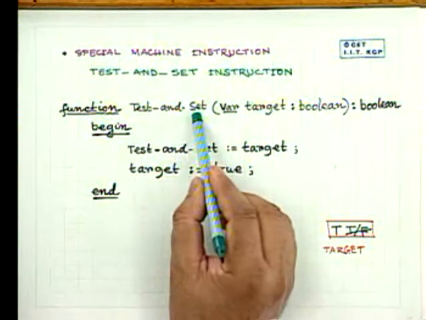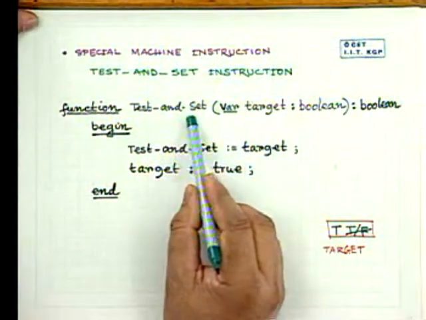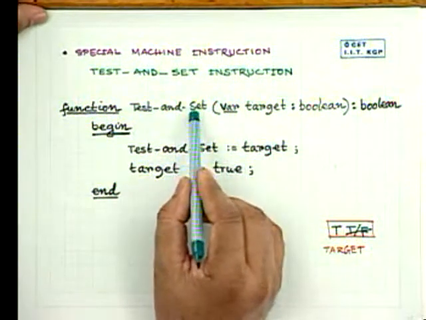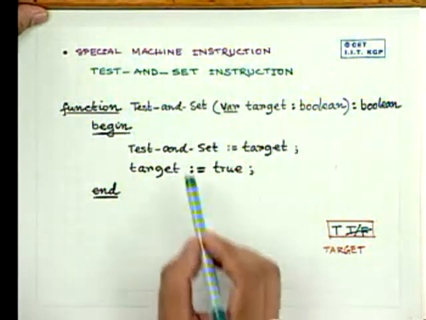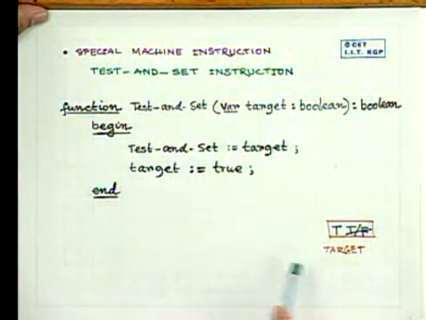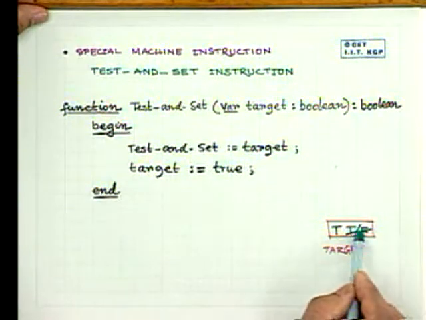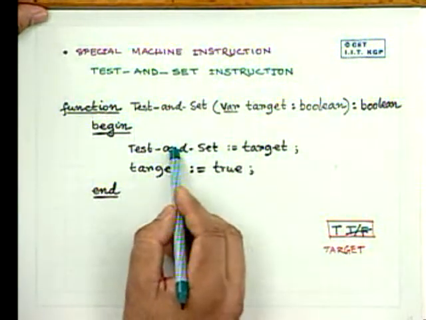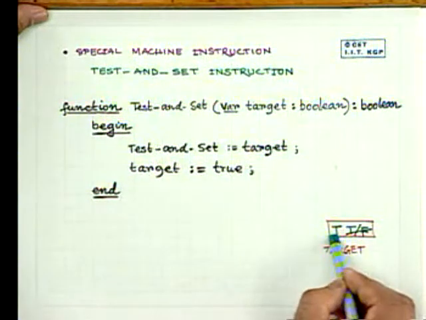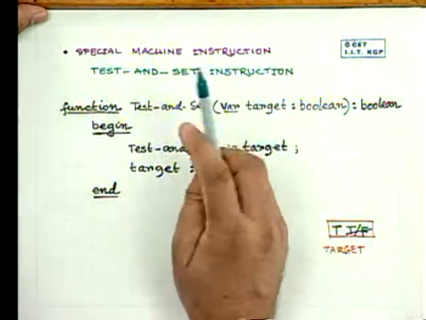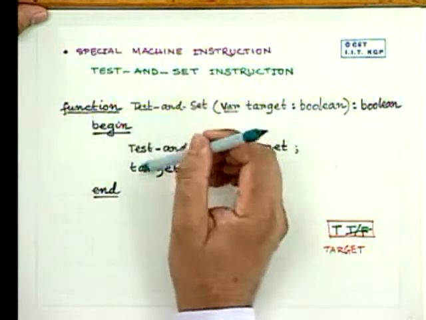I suggest that you try to very clearly understand the operations of test and set. Test and set is essentially that whatever be the value, true or false, that comes as test and set, that value will be returned, and the target will be set to true. An important thing is that this is an indivisible or atomic operation.